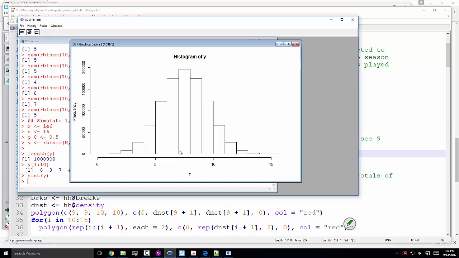So treating y that we just simulated as a statistic, how many wins out of 16 games? We simulated lots of times. Here's a picture, a distribution of that statistic. So this is a sampling distribution, or at least an approximation of one.